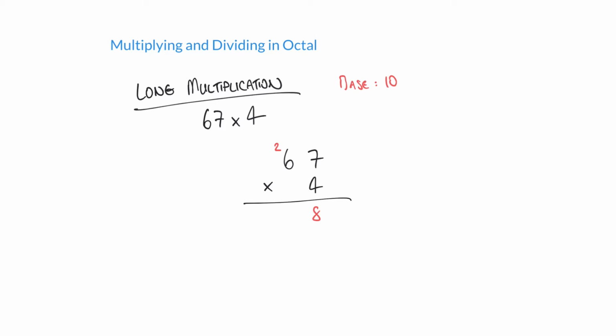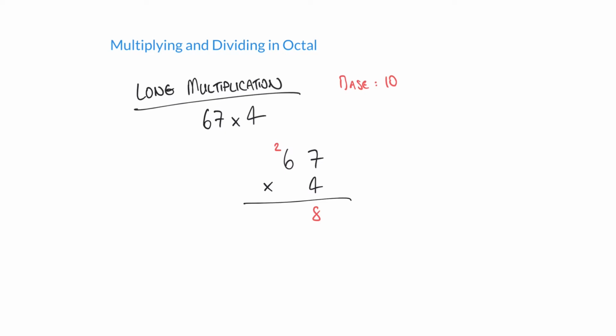The next step is to multiply the other combination, which is 4 times 6. We've already done 4 times 7. We're doing 4 times 6, and 4 times 6 gives us 24. But what we have to remember to do is to add the number that we've carried as well. So 4 times 6 gives us 24, and adding that 2 is going to give us 26.